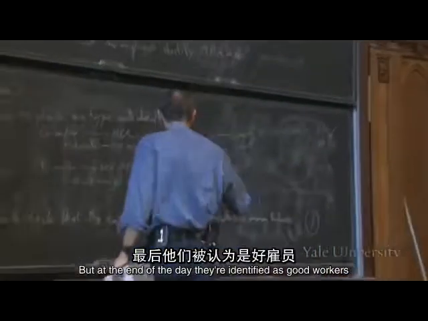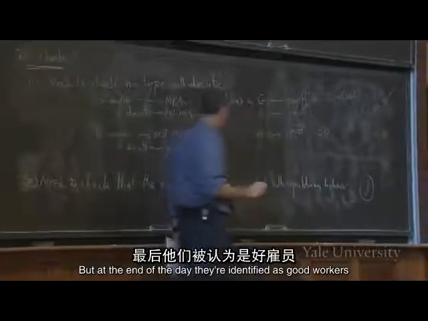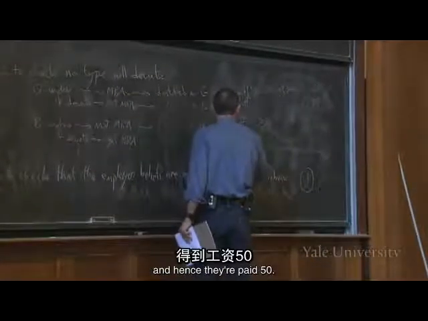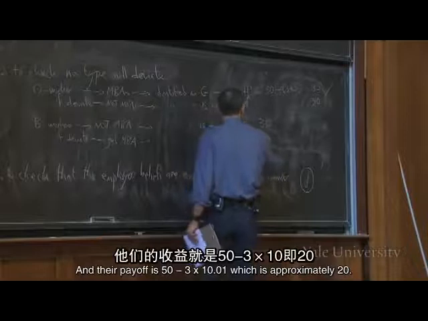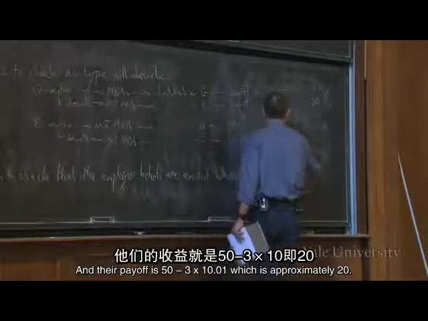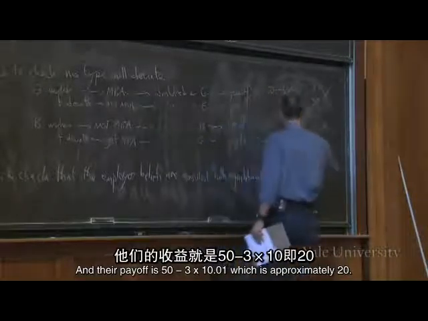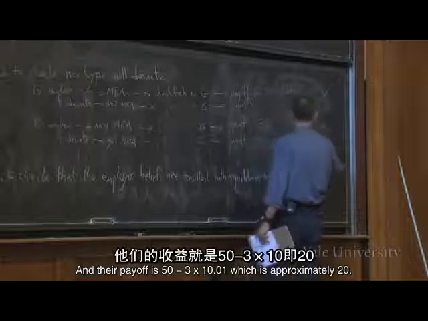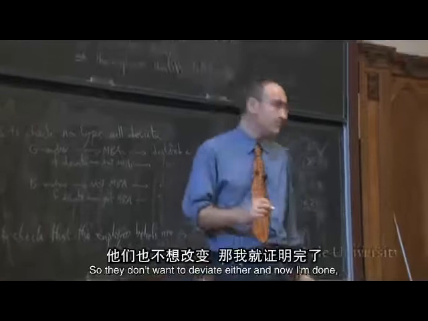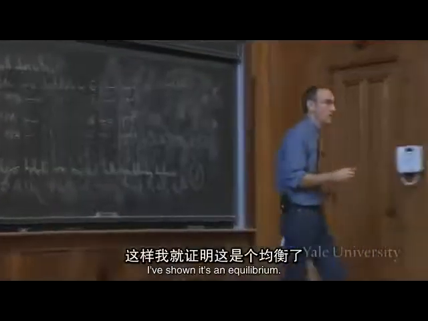But at the end of the day, they're identified as good workers, and hence they're paid 50, and their payoff is 50 minus 3 times 10.01, which is approximately 20. Is that right? So they don't want to deviate either, and now I'm done, I've shown it's an equilibrium.